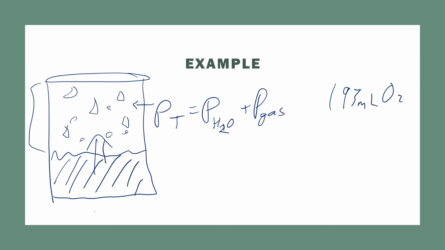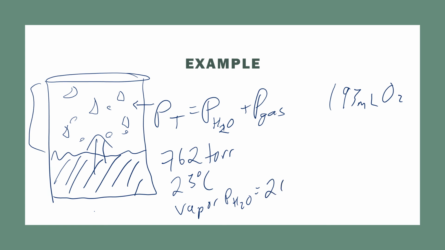And it was collected over water one day. The atmospheric pressure was 762 torr. The temperature of the water was 23 degrees Celsius. And vapor pressure at this temperature of water is 21.1 torr.